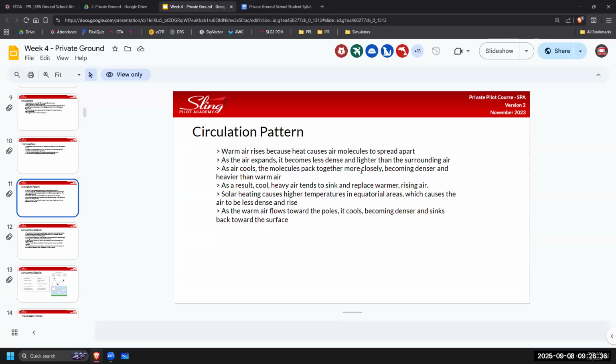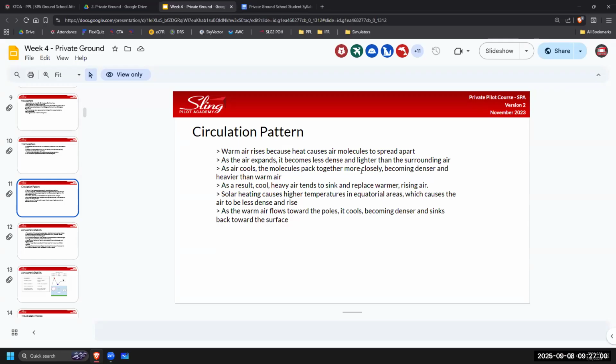So the Hadley cell is right next to the equator, you can see the red arrows. That's the rising air from the equator, that hot air. And then as it moves north towards the North Pole, it starts to cool and then fall back and then move back to the hot air rising.